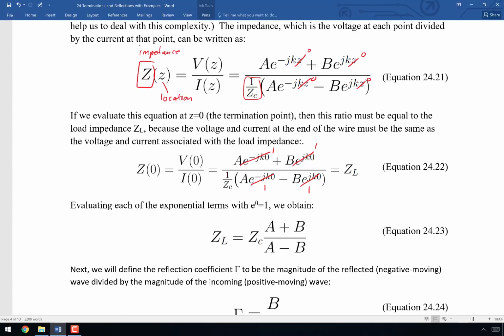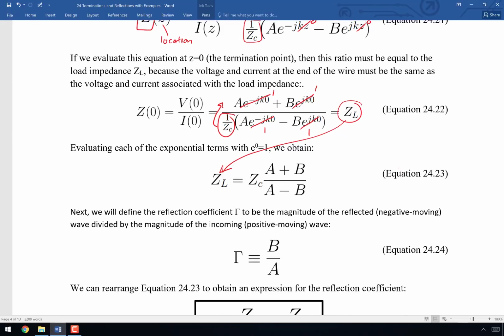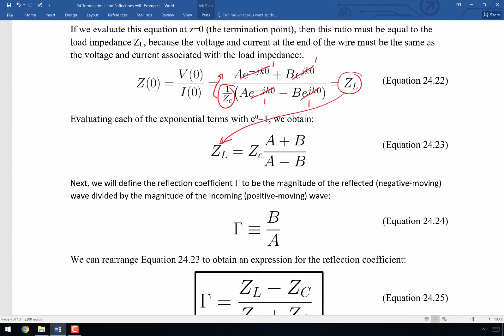So I can take equation 24.22, I take the Z sub L, I'll move it over to the left-hand side, but everything else is going to stay the same. The 1 over Z sub C is going to move up into the numerator and just become Z sub C, and all the exponents become 1, so I'm left with equation 24.23.